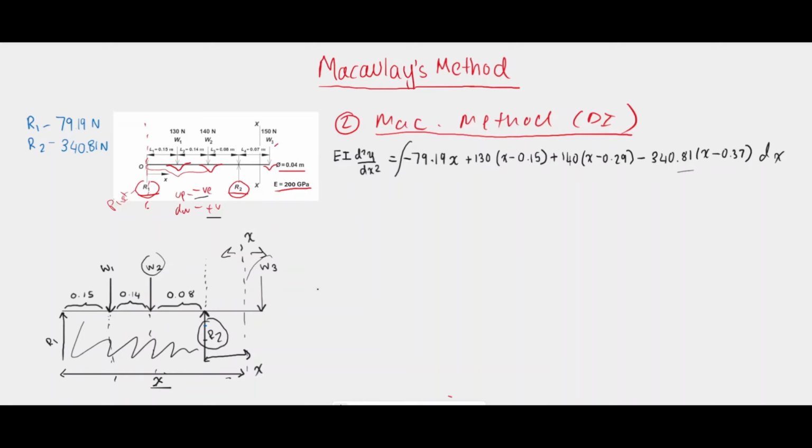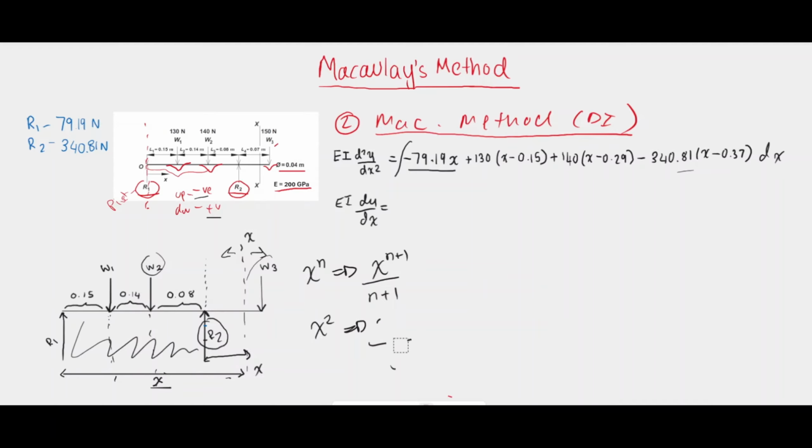So the first integration, EI dy by dx is equal to, so we first integrate this side, and if you remember, the formula for integration is x^n is equal to x^(n+1) over n+1. So if we have a value like 2, you would get something like x^(2+1), that is 3, over 3.